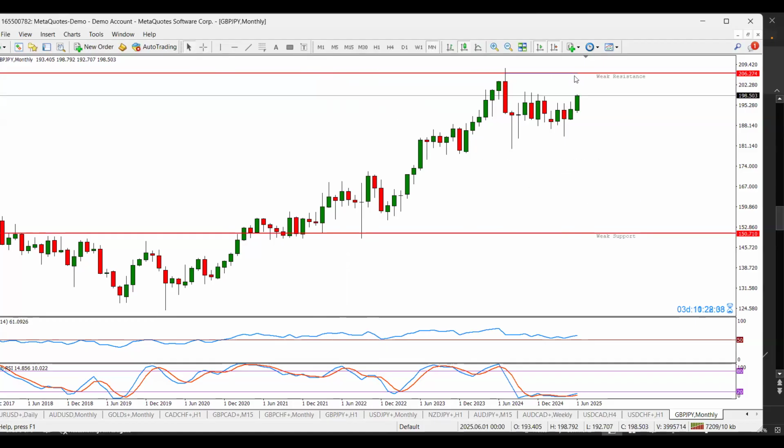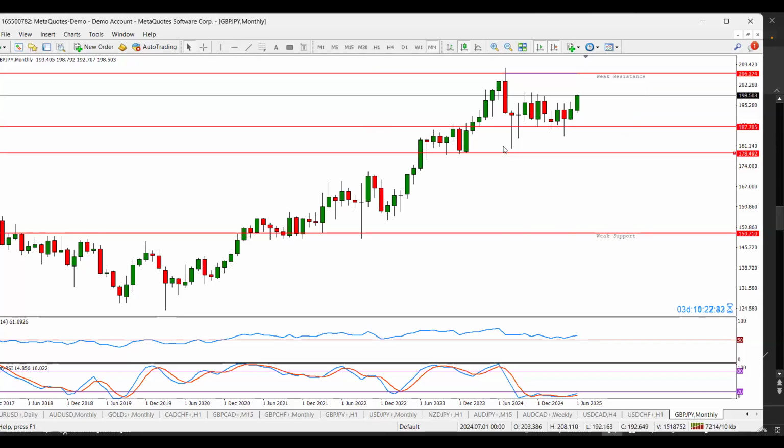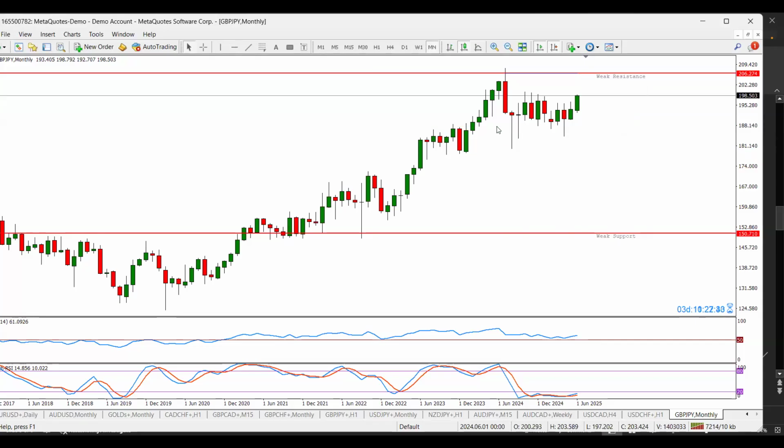So I have drawn the closest support and the closest resistance. Mind you, this resistance and support you are seeing here was generated automatically by the VIP indicator. So if you want the VIP indicator to generate it for you instead of you drawing it by yourself, thinking this place is a support, the indicator automatically generates it for you.